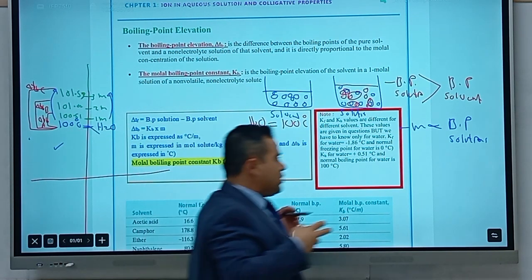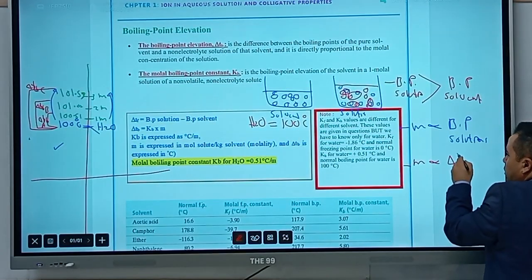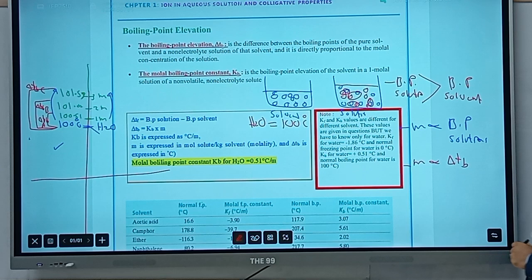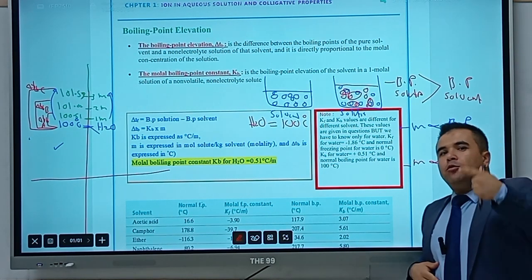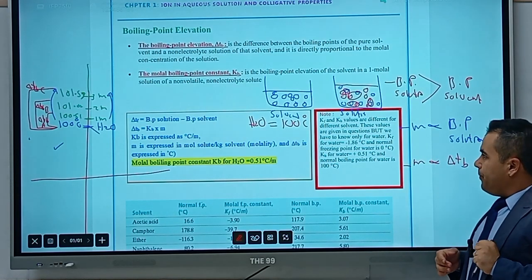So the second relation is that molarity is directly proportional with the delta TB. We can say that molarity is directly proportional with boiling point and boiling point elevation as well.